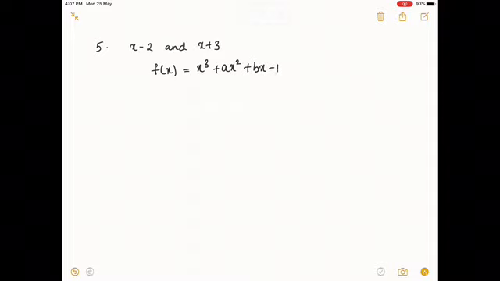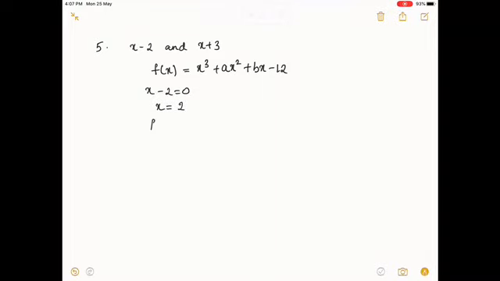Let us do the fifth question. Find the values of a and b if x minus 2 and x plus 3 are the factors of f of x, which is given here as x cube plus ax square plus bx minus 12. So first we can take x minus 2 equals 0, which gives you x equals 2.